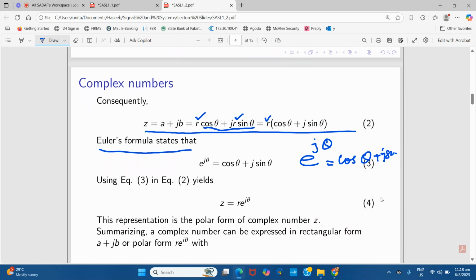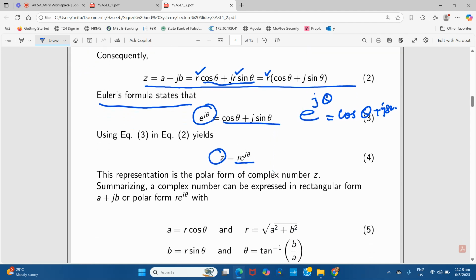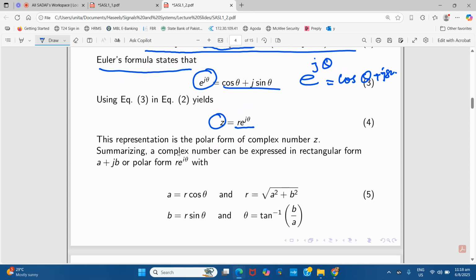So we can represent the polar form of a complex number z with the help of e raised to the power j theta, as r times e raised to the power j theta. This representation is the polar form of the complex number z.